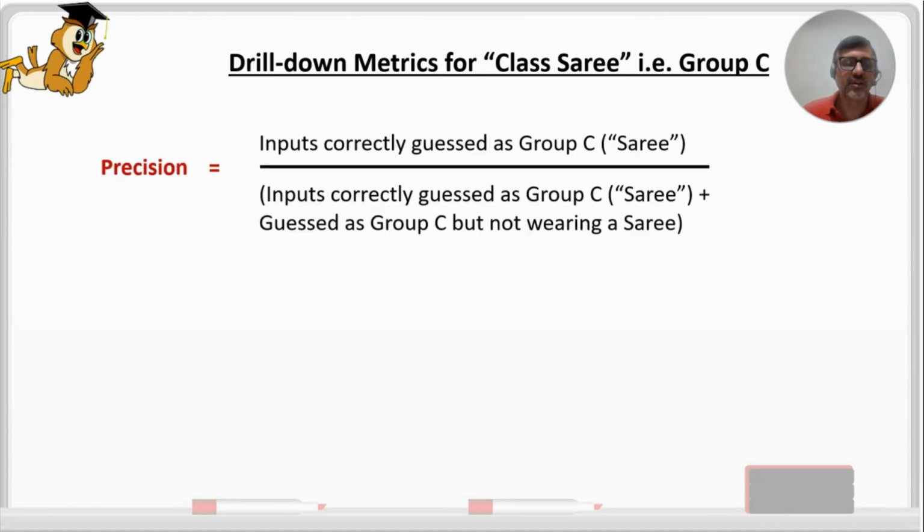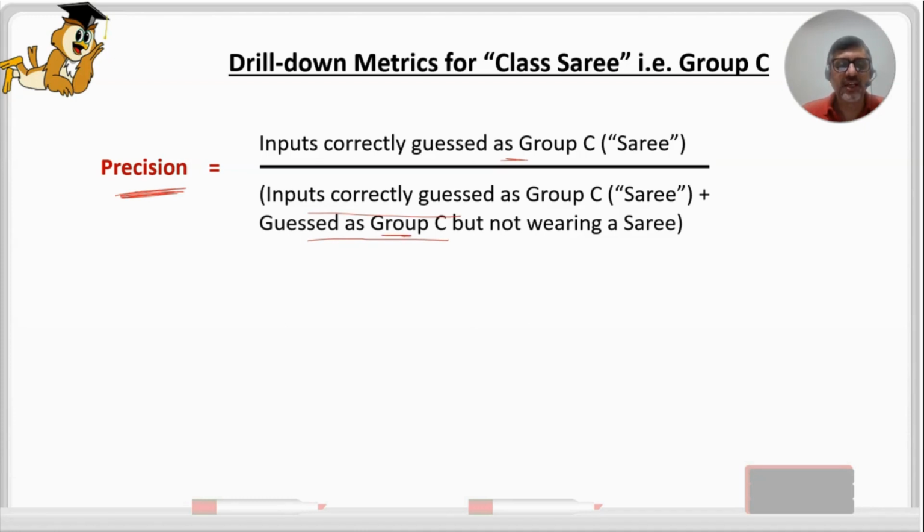Precision is defined as the ratio of inputs correctly guessed as group C divided by inputs correctly guessed plus guessed as group C but not wearing a sari. Okay, so these are actually false positives.